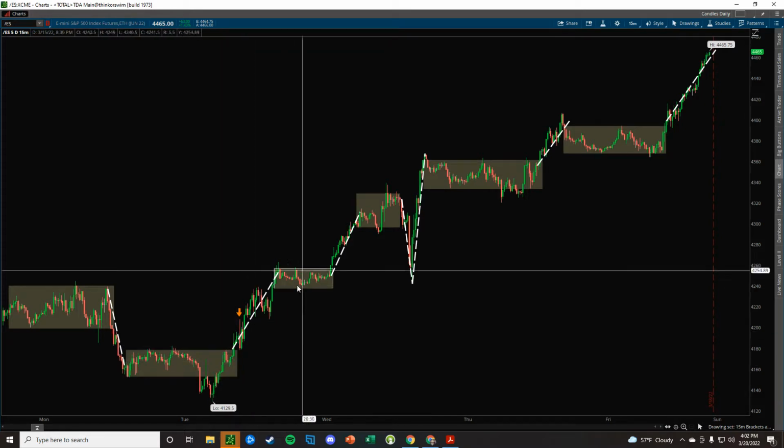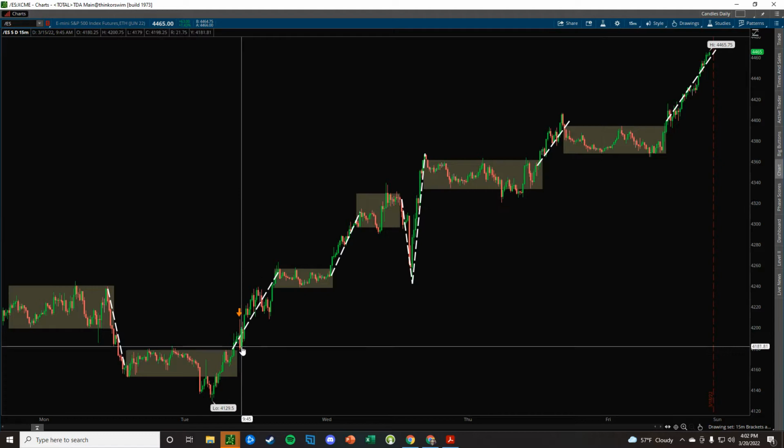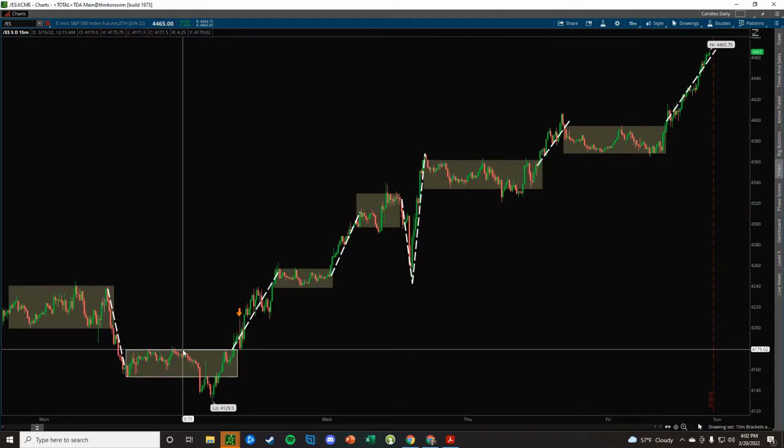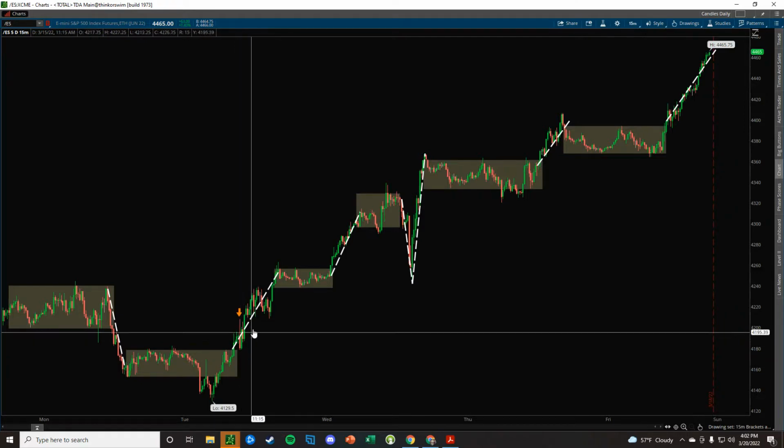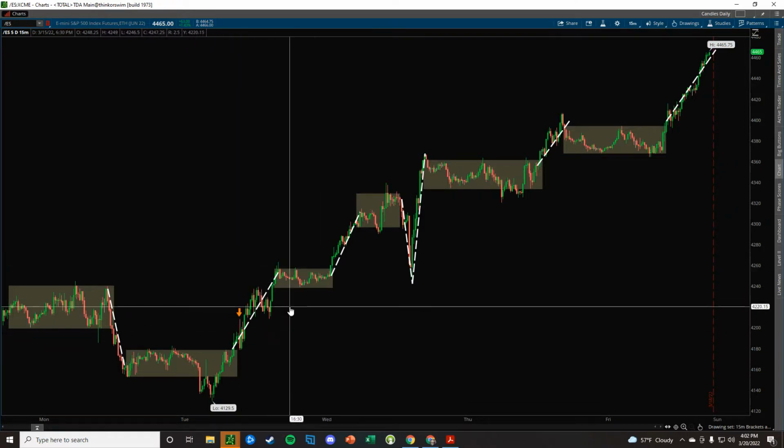So you can still see that, yeah, I can see the whole chart, and I know that entering here was a great idea, but I can also explain to you why it still would have been a good idea even without having the rest of the chart shown to us. So what I want you guys to do is pick out your favorite tickers that you like to watch, and go back and identify those bracket zones.